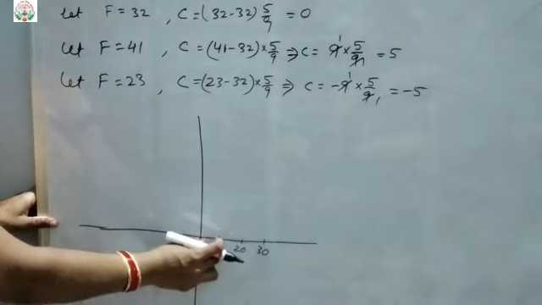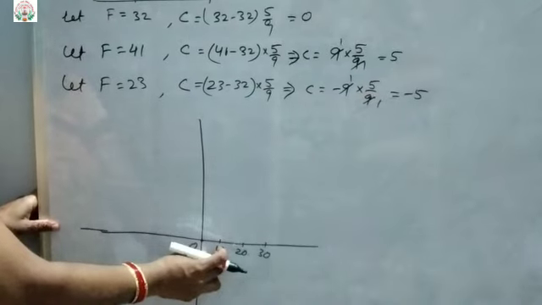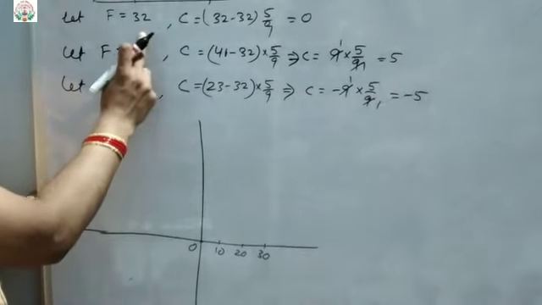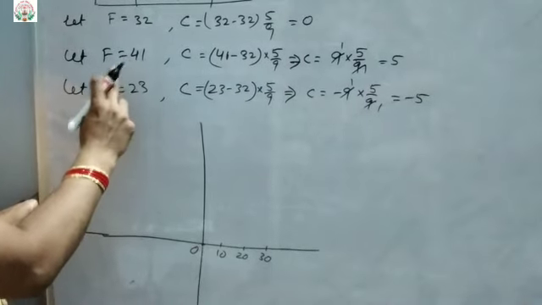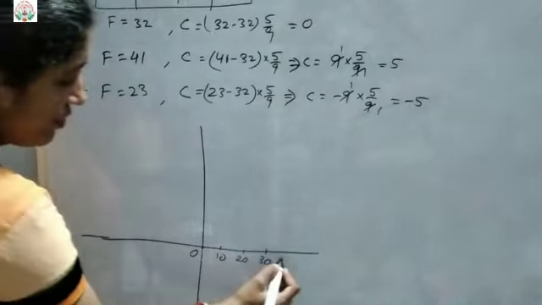That is why we are taking the gap of 10. Scale understood? 10 small boxes equal 1 degree and 1 Fahrenheit. Clear? Small ones will be the same.